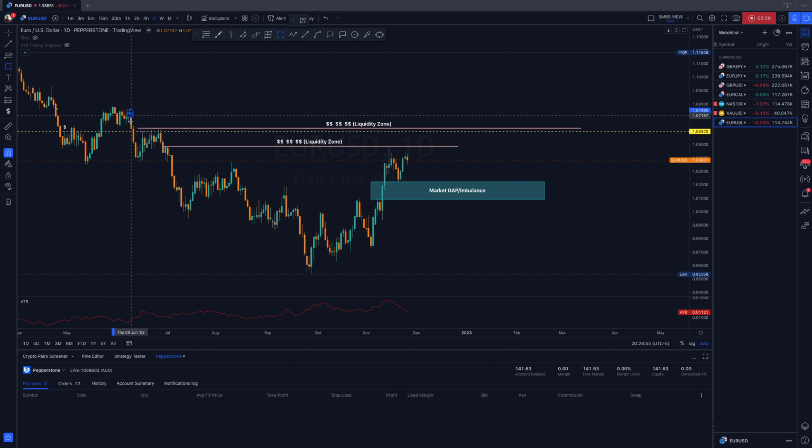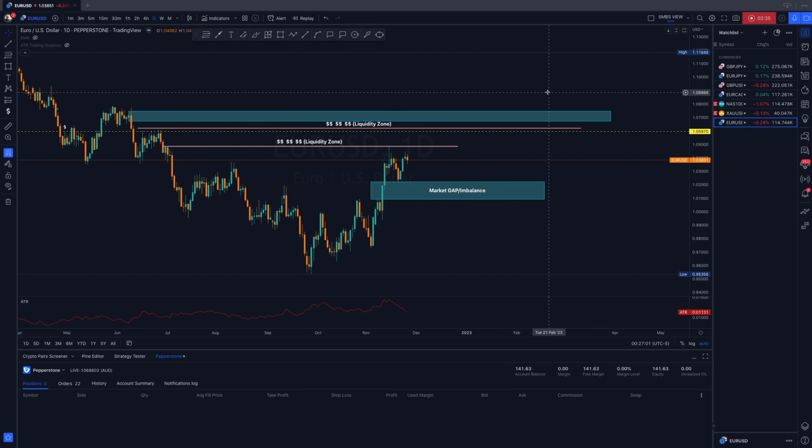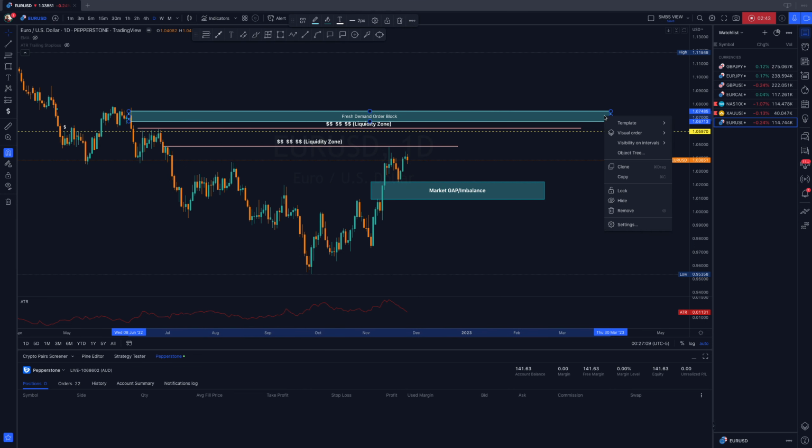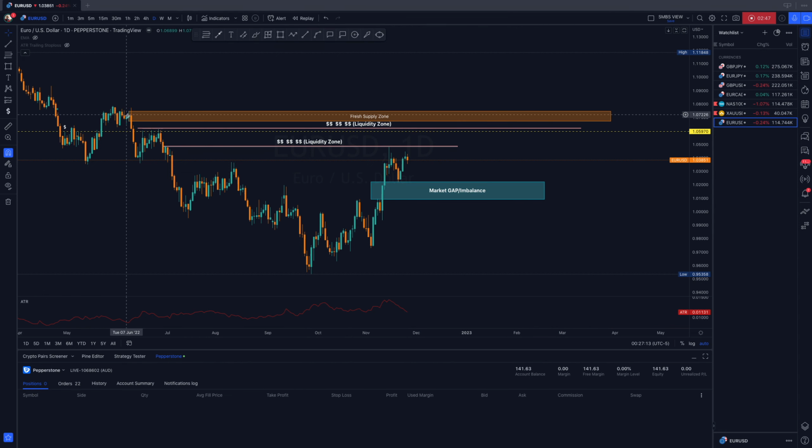So before price started going down, you look at what was the last candle upside before price started going down. So this is one. So I'll call this area a supply zone, not a demand zone. I'll call that a fresh supply zone. So this move going downwards was supplied from here.